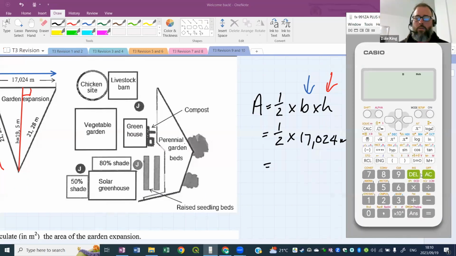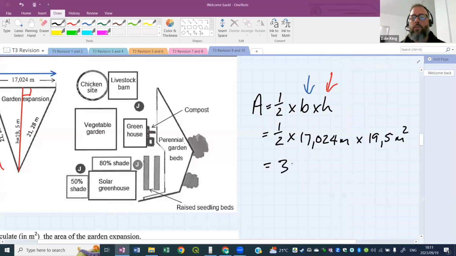So it's 17,024 times 19,5. All right, 331,968. You happy with that? Yes. And the units are meters squared, and then we'll round this off to 331,97.